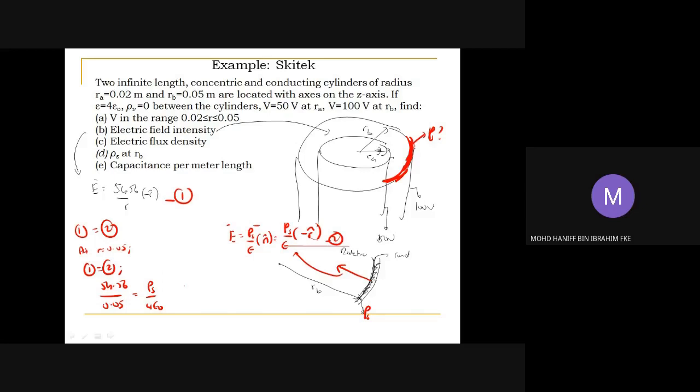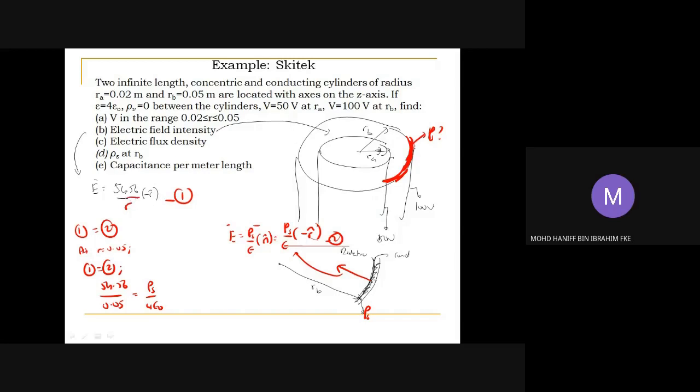Hopefully you understand this flow of solving to find the rho s. This equation of electric field is strictly at the boundary between the dielectric and the conductor. But the E field that we obtained from part B just now is a general electric field which can exist between RA and RB. That's why we have the R variation there.